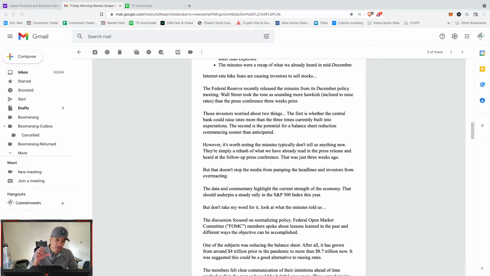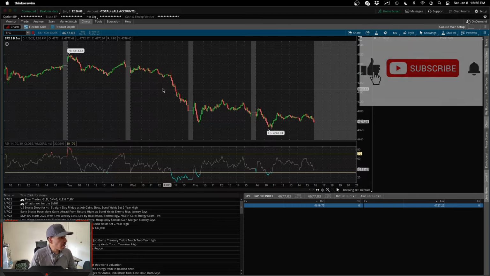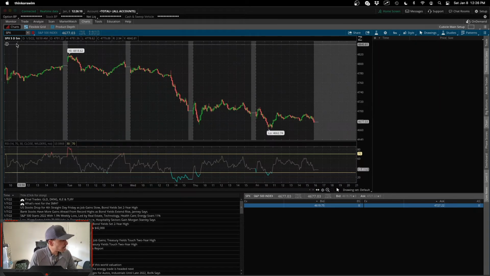So the sentiment or the tone from those meetings was taken as a hawkish sentiment by the market. As a result, the market sold off in the later half of Wednesday on January the 5th, during the trading session, right? So we take a look at a daily chart of the S&P 500, ticker symbol SPX.